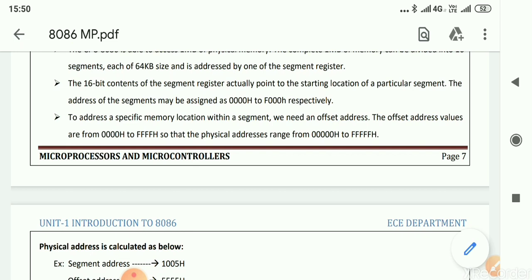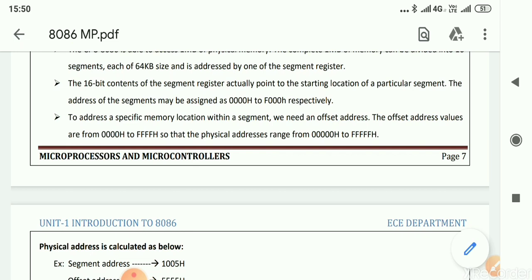So once you are given any code segment address and you need to calculate the physical address in the memory, you always need to add the offset address to the code segment after shifting the code segment left by 1 digit in hex or left by 4 bits in binary. That is, we extend 4 zeros at the LSB, or 1 zero in hex at the LSB. Okay, so the physical address can be calculated.